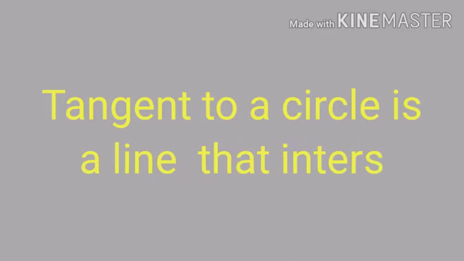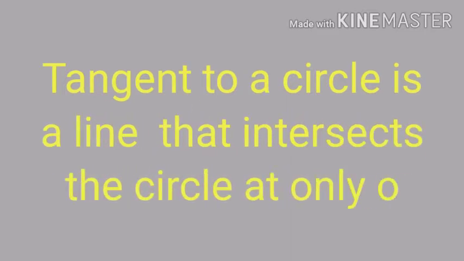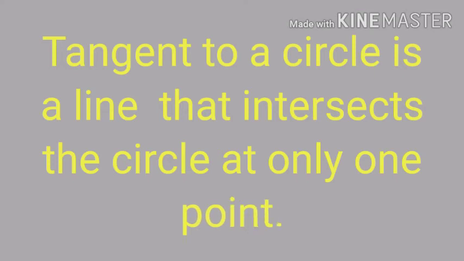So the tangent to a circle is a line that intersects the circle at only one point. That means there is only one common point for a circle and the line. So that line is known as tangent to a circle.